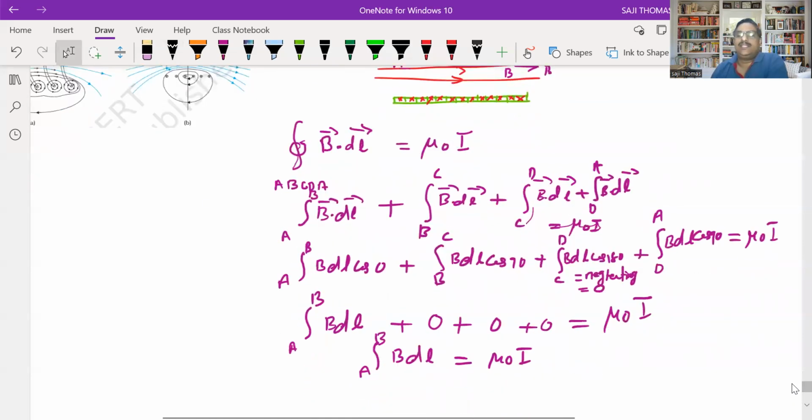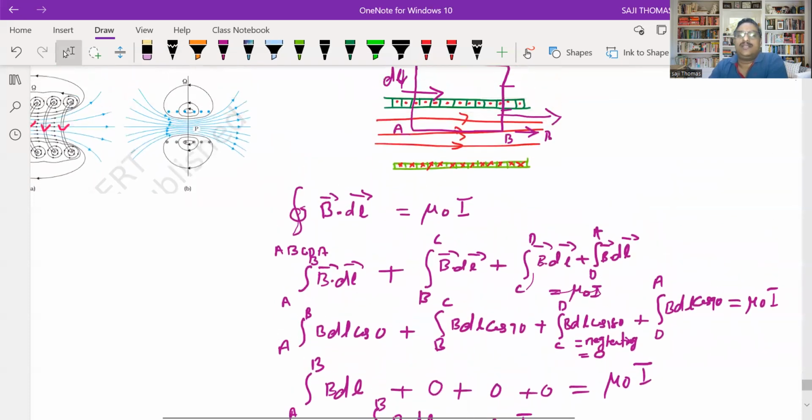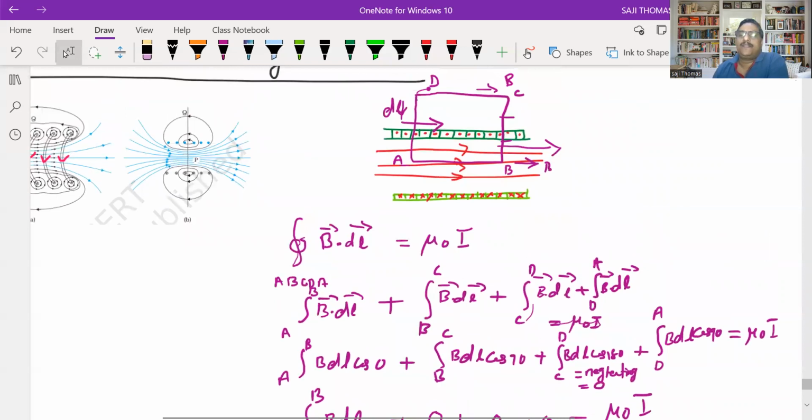Each dot represents I. For each circular turn in the top part, one dot is represented, that is current coming out.